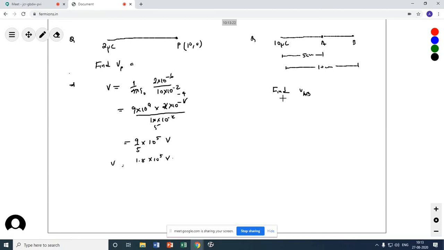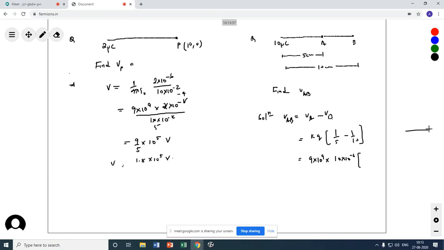So VAB, how will you find? It's very simple. VAB would be VA minus VB. Correct? So I can find this as KQ, 1 by 5 centimeter minus 1 by 10. So KQ, 9 into 10 to the power 9 into 10 into 10 to the power minus 6.